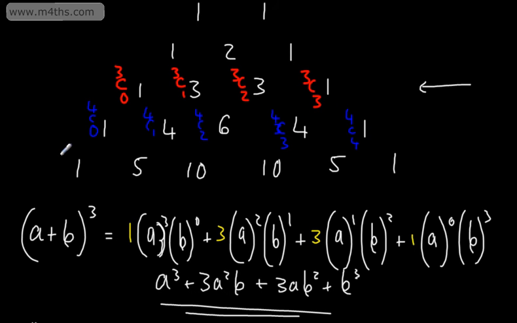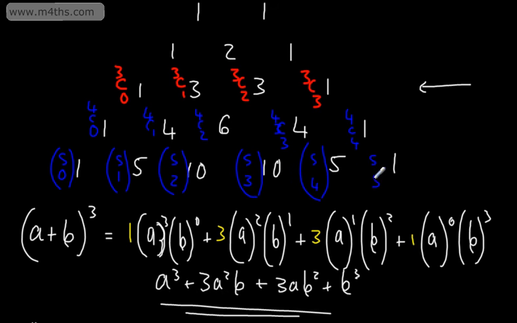This one, 5C1. Now this one, I'm just going to write slightly differently because we can use different notation. We can write it as 5C0, 5C1, 5C2, 5C3, 5C4, and then 5C5. So that's what we get.